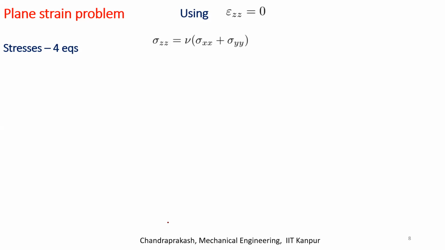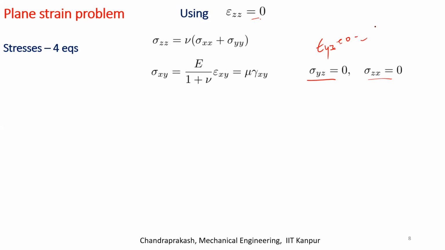So although you may not have epsilon zz, you can still have a normal stress component in that direction z. You have epsilon xy, which is a non-zero quantity, and the other two shear stress components are 0 because epsilon yz was 0, so was epsilon xz, right?